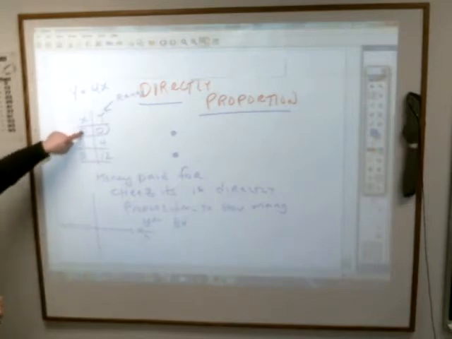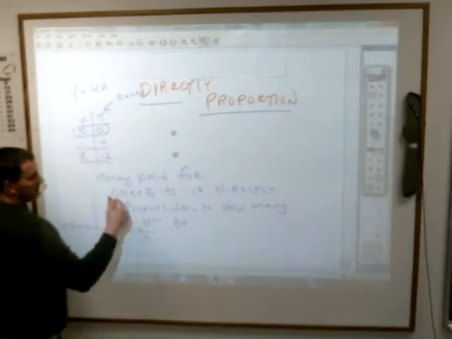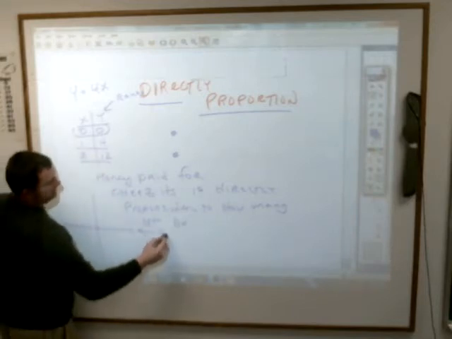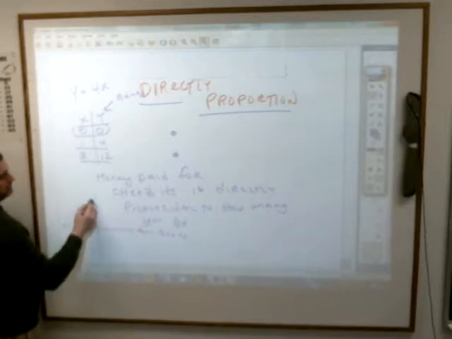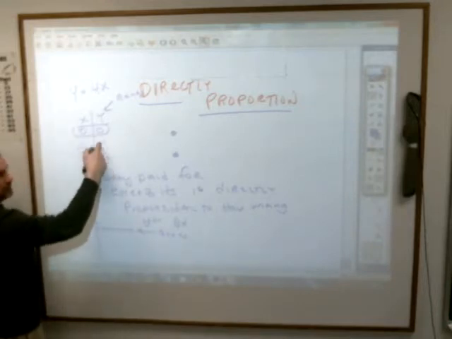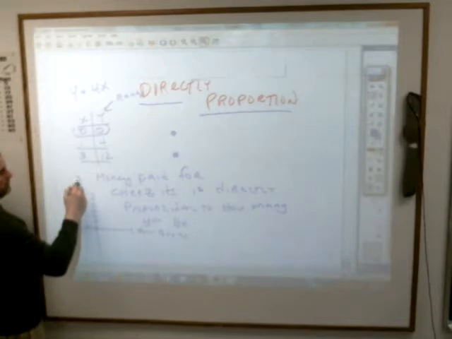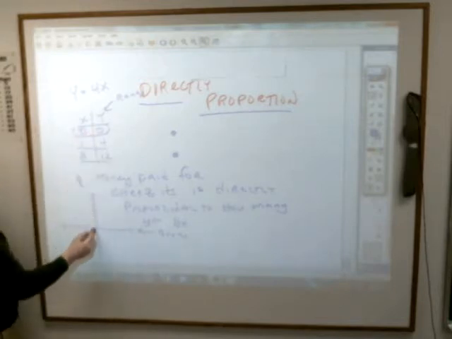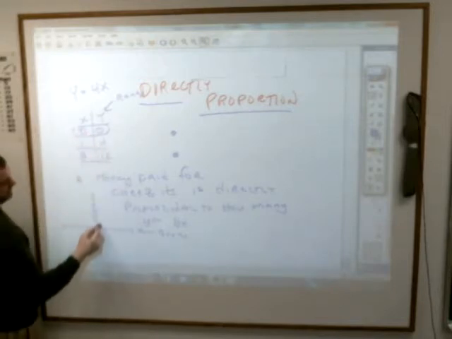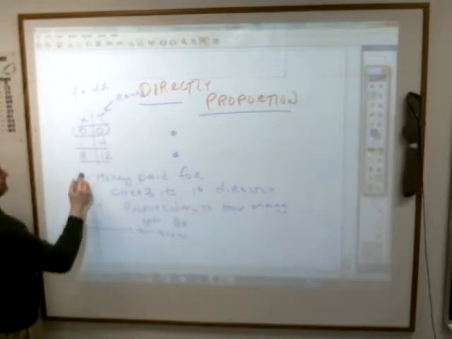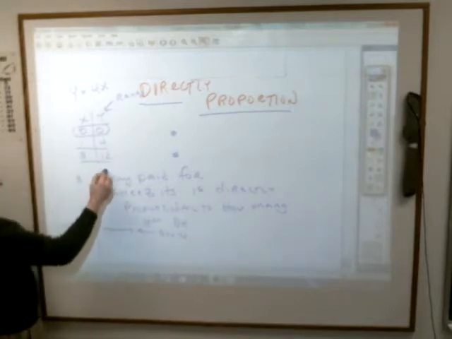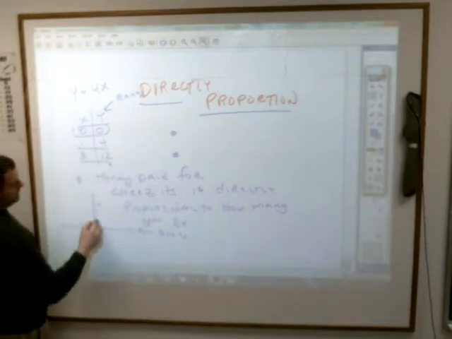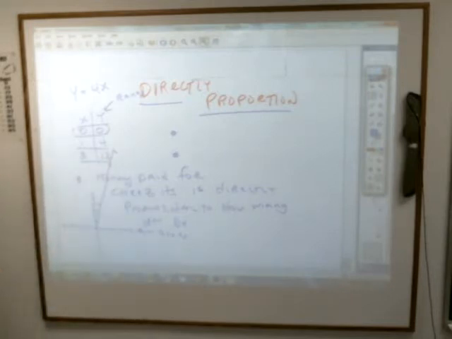This was how many boxes I bought, so the x-axis is how many boxes, and the y-axis would be dollars. So 0 boxes cost me $0, 1 box cost me $4, and 3 boxes cost me $12, which is going to be up here somewhere. And I get this nice straight line there.